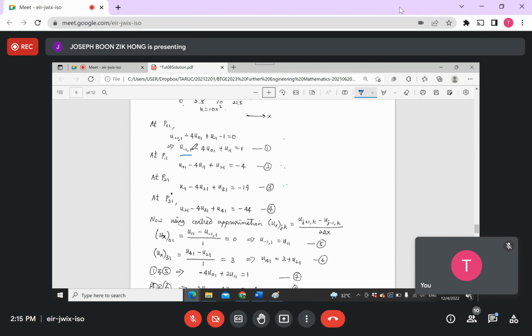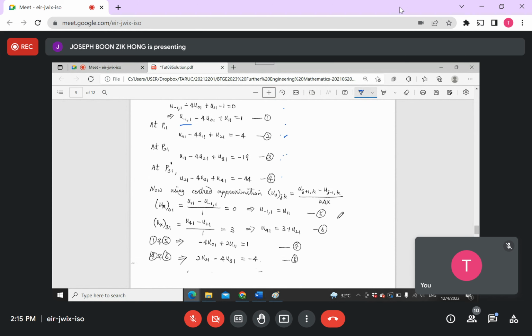So after you get the four lines and by using the difference, you get the fifth equation and sixth equation. You substitute your fifth into the first one so that you don't have u negative 1 1 anymore, and substitute this one into the last one so that you don't have u41 anymore.